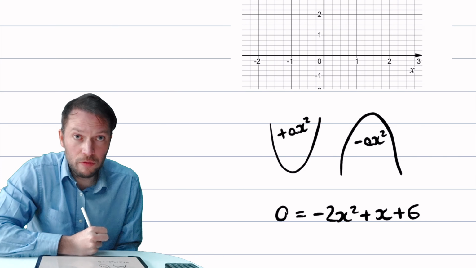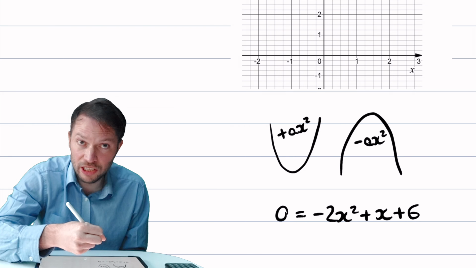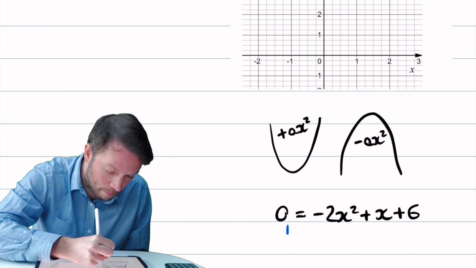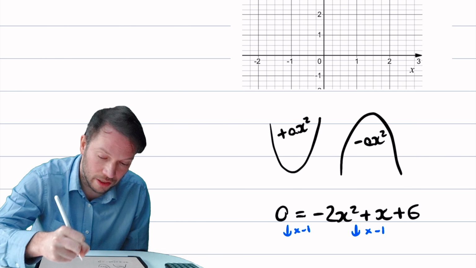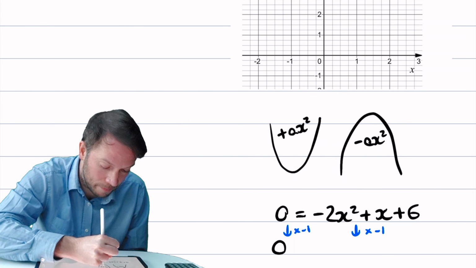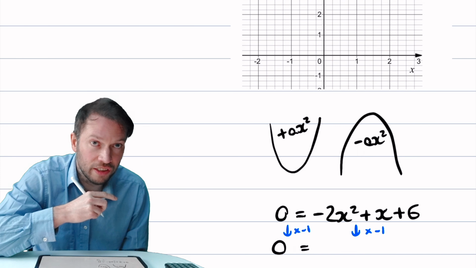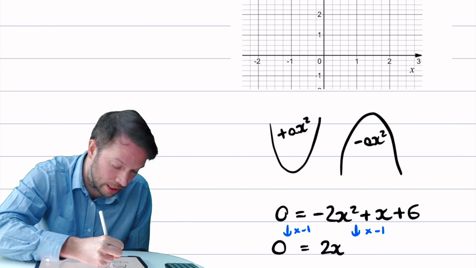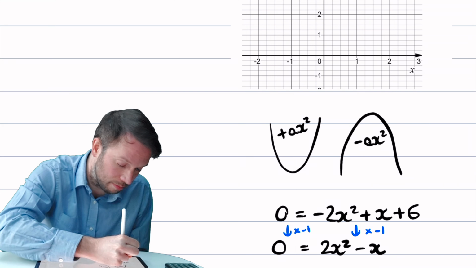Now, in general, solving a quadratic equation where you have a positive number in front of the x squared is much easier than when it's negative. So what I'm going to do is a little trick. I'm going to multiply both sides of the equation by negative 1. And if you do that, well, 0 times negative 1 is still 0. 0 times anything is 0. And then when you multiply the right-hand side by negative 1, it just changes the sign of every term. So the minus 2x squared becomes positive 2x squared. The plus x becomes minus x, and the plus 6 becomes minus 6.